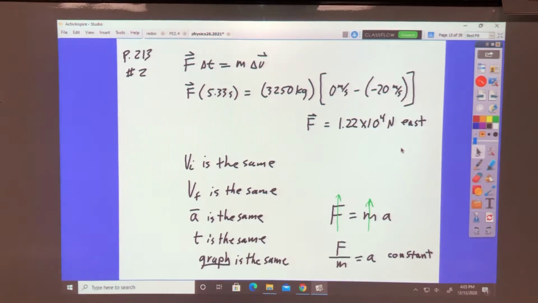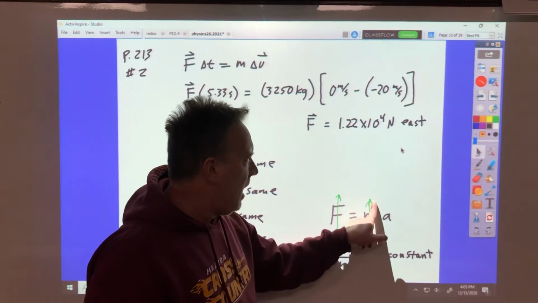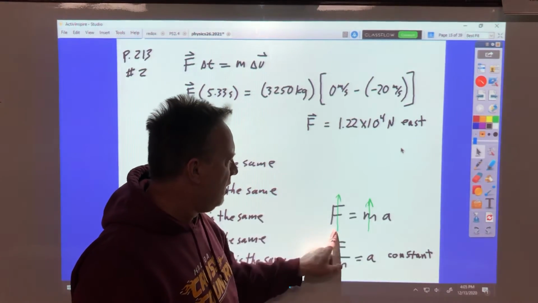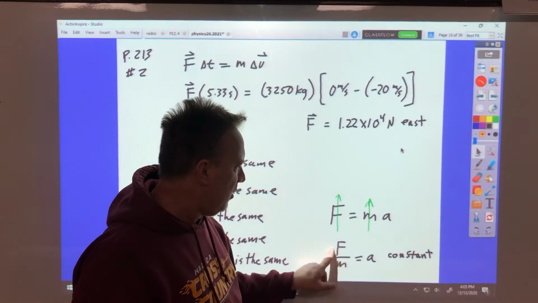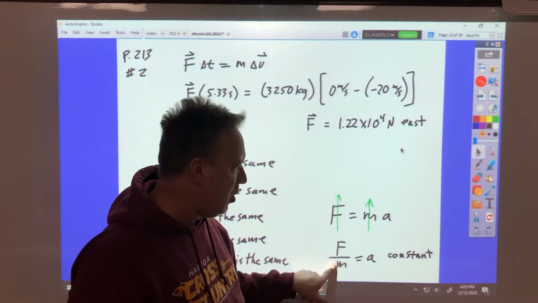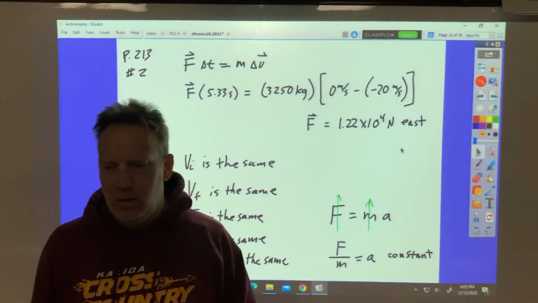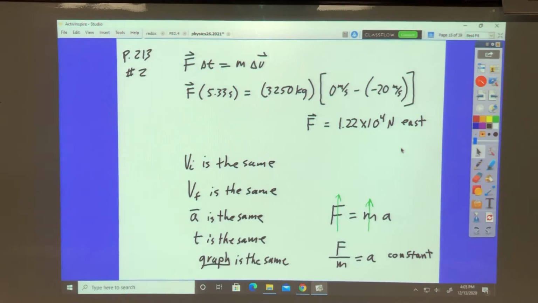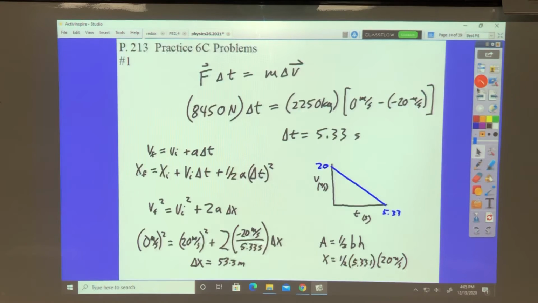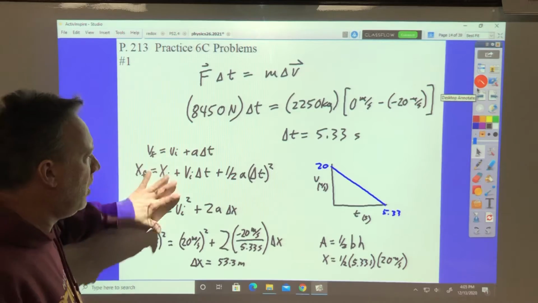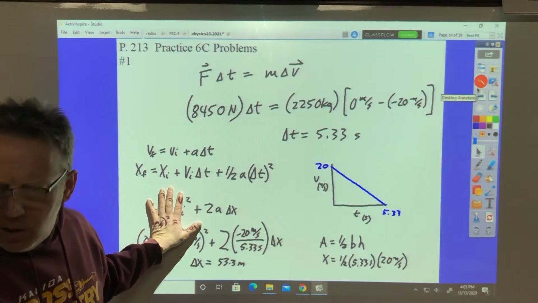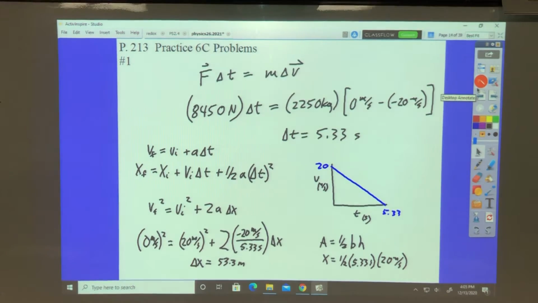All you did was increase the mass and increase the force, and if you put the force over the mass, you had the proportional constant with the same acceleration. So none of the rest of the graph changed. So the solution back here on page 2, if you tried to work it out for problem number 1, ended up being the same solution for problem number 2.